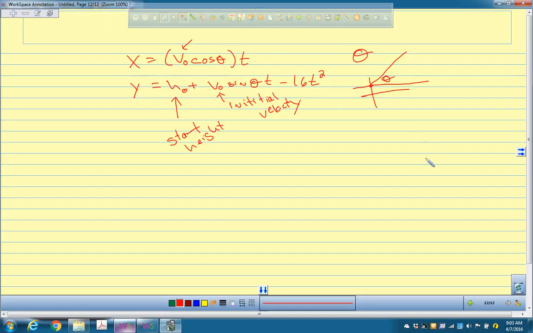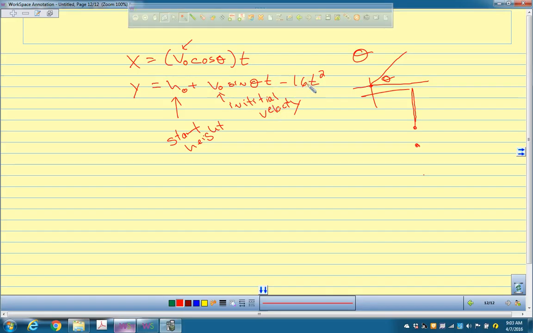If you threw a ball straight up from an initial height, it's going to go up, and then it's going to slow down, and then it's going to come down, right? And this thing is pulling it down. If there were no gravity, it would just keep going forever and ever, right? But gravity is pulling it down at the rate of 32 feet per second squared, okay? But that's divided by 2 when you get to the formula, okay?